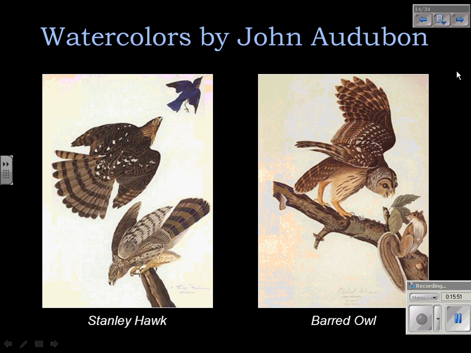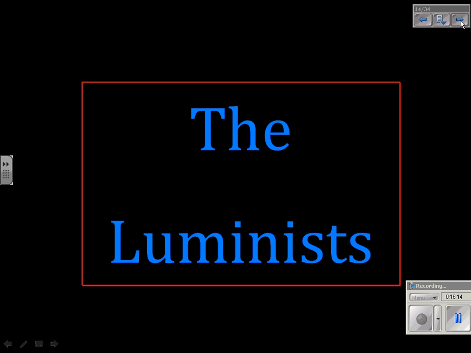So all of the animals that you see pictured here were not from his memory, but he had actually killed them and then placed them in very awkward stances to get the pictures that you see in front of you. And again, this is a paradox of this particular time period. He was a hunter in love with hunting, but had a respect and even a love for his prey, as shown by these beautiful pictures that you see in front of you right now.